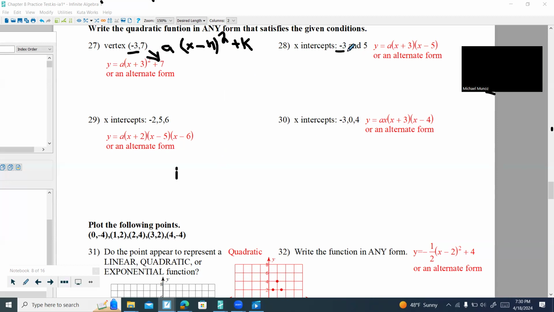Same thing here. No, this isn't the same thing. This is intercept form. Intercept form is y equals a times (x minus b) times (x minus p), and this is for if you know the intercepts.